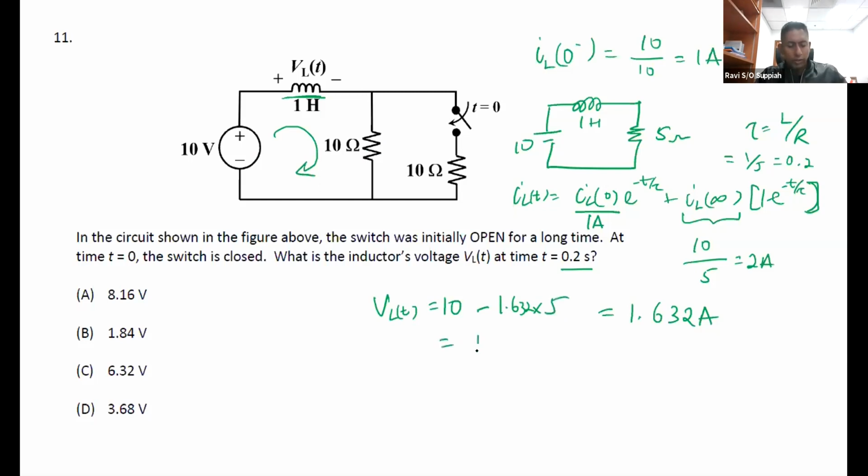So you get 1.84 volts. So you can look at the voltage drop across the equivalent resistance over here, and whatever is left is the voltage across the inductance. So your answer here would be B.